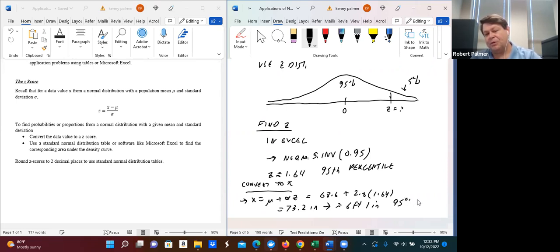And this is the 95th percentile. So what that means is that 95% of men are about 6 feet 1 inch or shorter. And 5% of men, the other way, are taller than that. That's what the 95th percentile means.